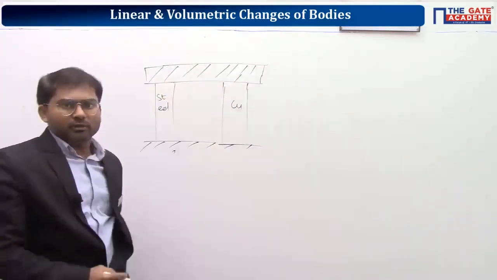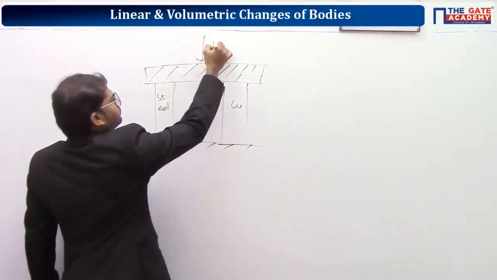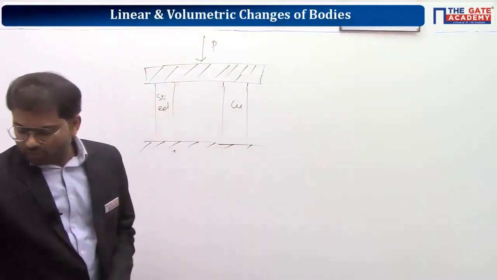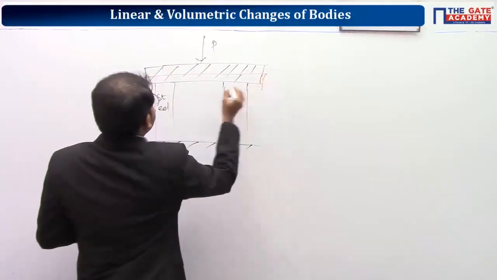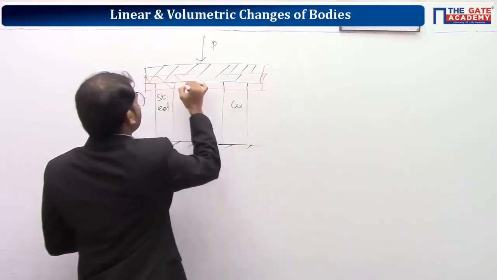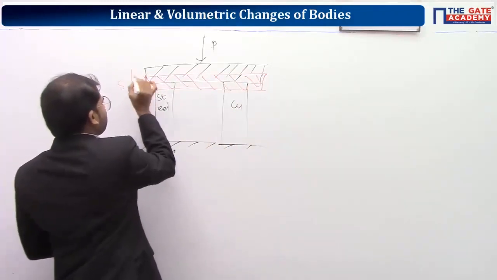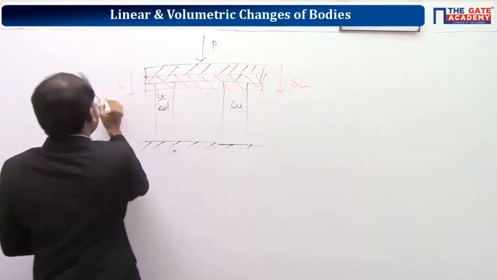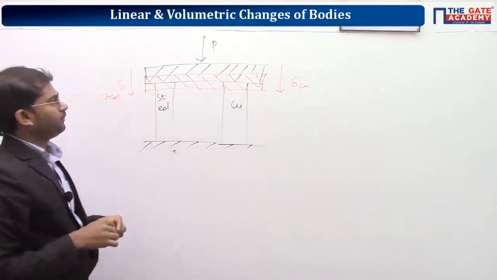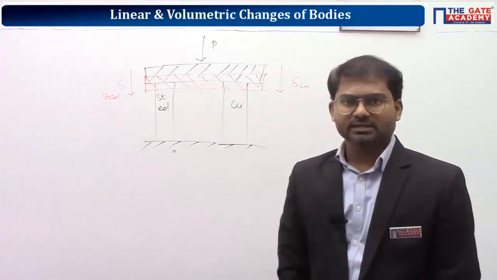So two different materials are there. Let's assume a load is applied in some particular fashion so that both are compressed by the same value. That means steel got compressed by the same value, and copper also compressed by the same value.